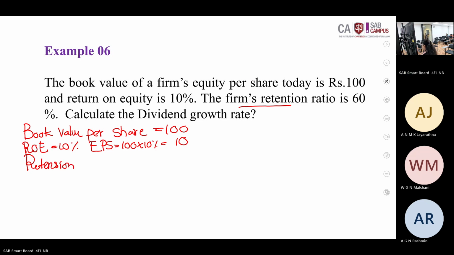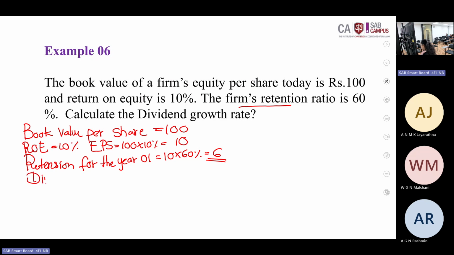Retention for the year 1. How much is the retention? 10 multiplied by 60%, that means 6 rupees. Distribution or dividend.